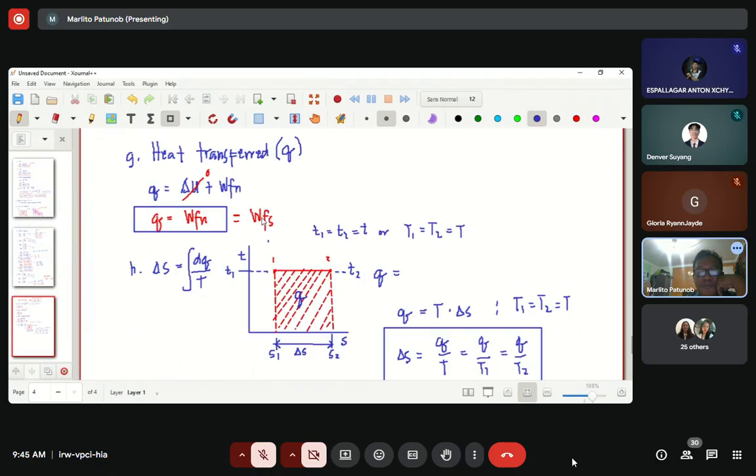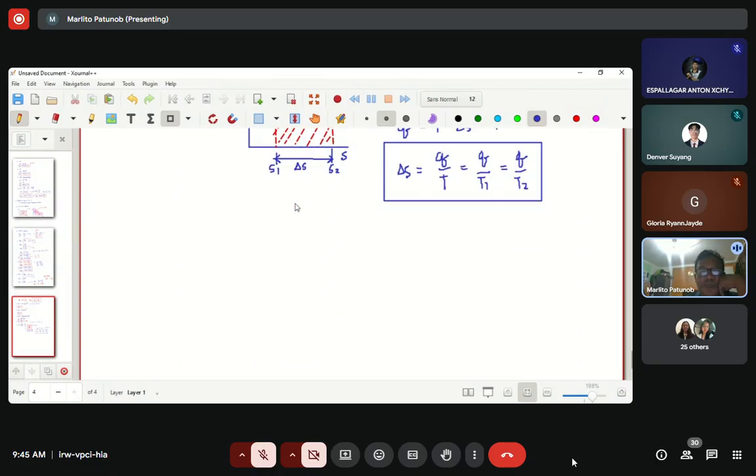Since Q is equivalent to work non flow, which is equivalent to mR T1 ln P1 over P2, I can substitute.